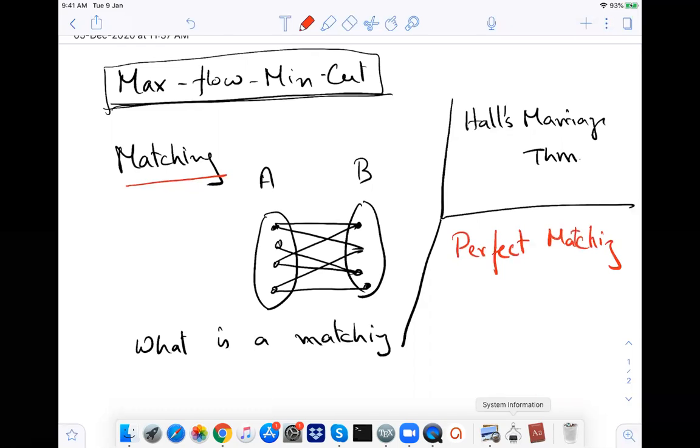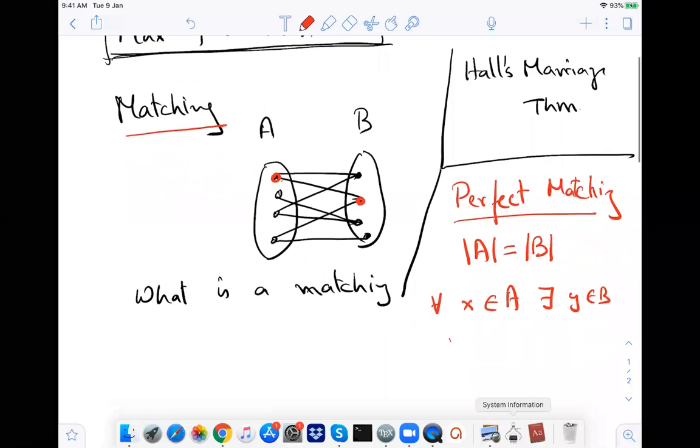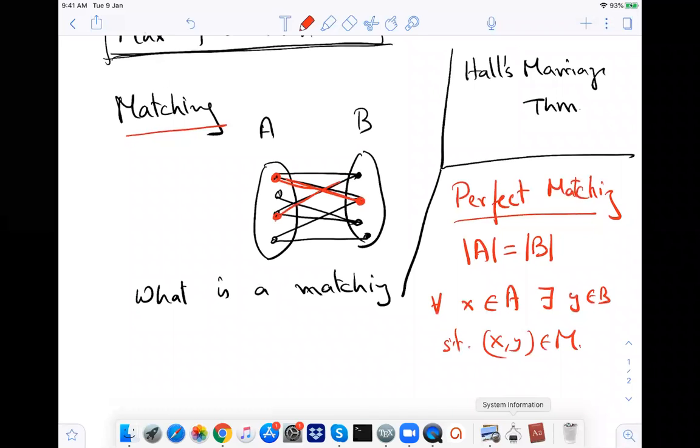A perfect matching is one in which every vertex in A is matched to some vertex in B. And let's say, to make our life slightly simple, let us assume that size of A equals size of B. And the perfect matching is that for all X in A, there exists a Y in B such that XY is in the matching M. Now, of course, if XY is in the matching M, then if there's some other X prime, then the Y prime will be somewhere else, right?